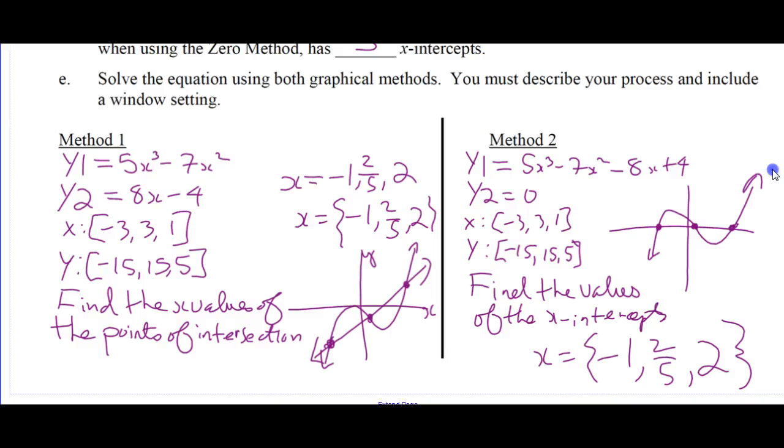Good. So I don't think we're going to tell you by method 1, but we may say graphically determine. Then that's what you have to do: here's y1, here's y2, here's my window, here's a sketch, here's what I'm finding, and here are the values of those.